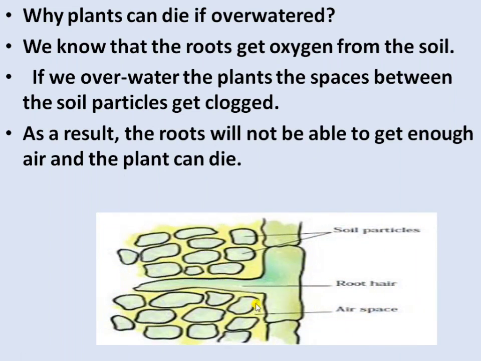In this picture you can see how the exchange of gases in plants occurs by diffusion of gases through the roots. Roots are present in the soil. These are the roots here, which take in the oxygen from the air spaces present between the soil particles.